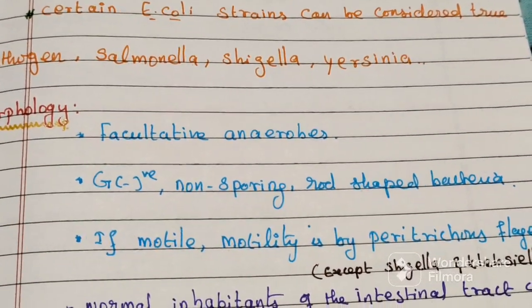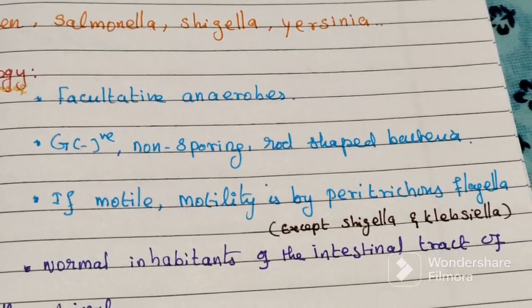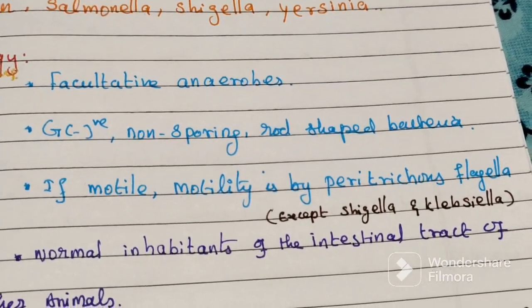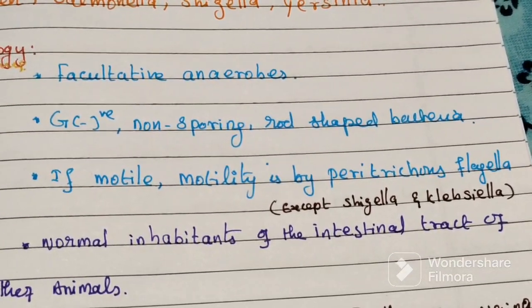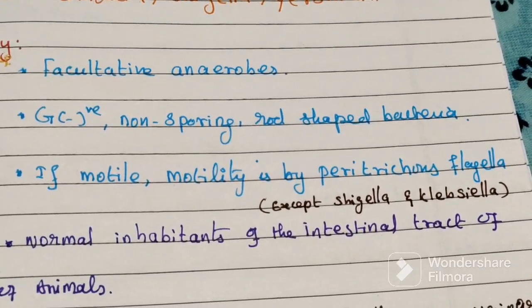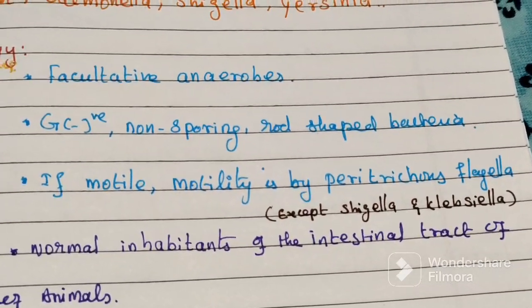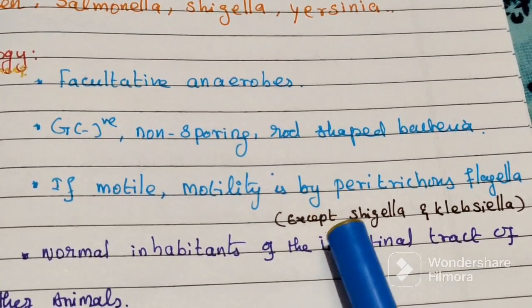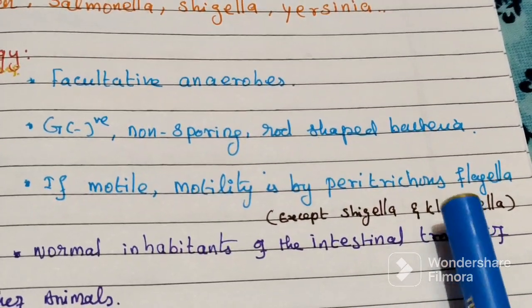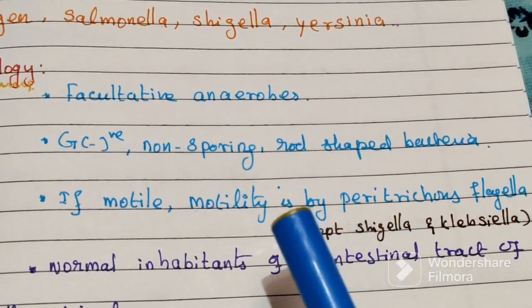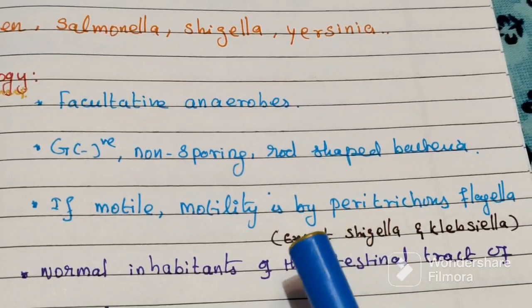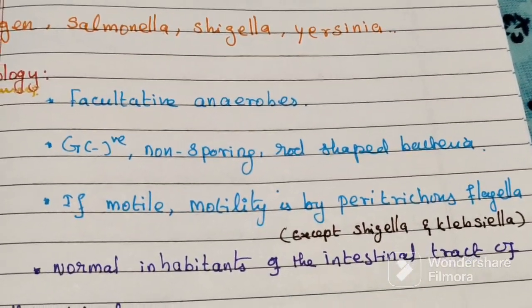Enterobacteriaceae are facultative anaerobic, gram-negative, non-sporing, rod-shaped bacteria. If motile, the motility is by peritrichous flagella. Except Shigella and Klebsiella, all are motile, with peritrichous flagella present all over the body.